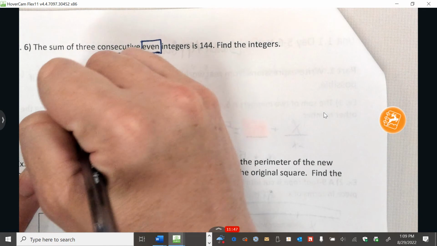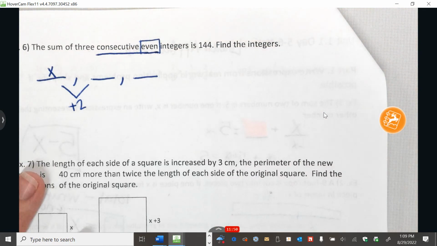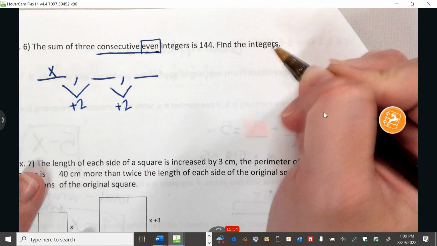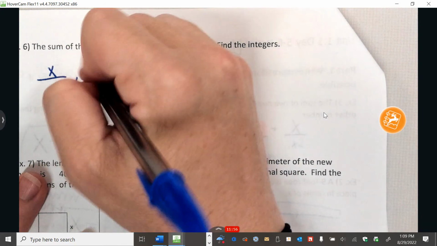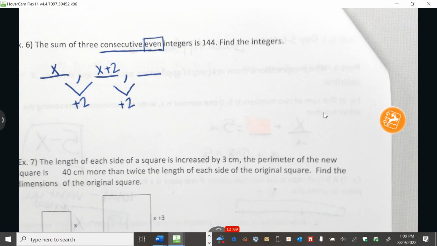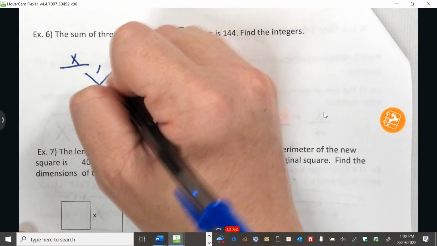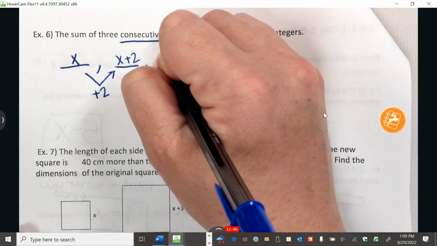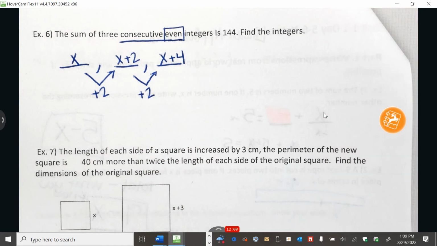Plus 2. Aren't even numbers always 2 apart? They're every other number. Yeah, so we're always going to add 2 with even numbers. So then we get x plus 2. And then what's x plus 2 again? X plus 4. So there are my 3 consecutive even integers. Not just regular integers, even integers.